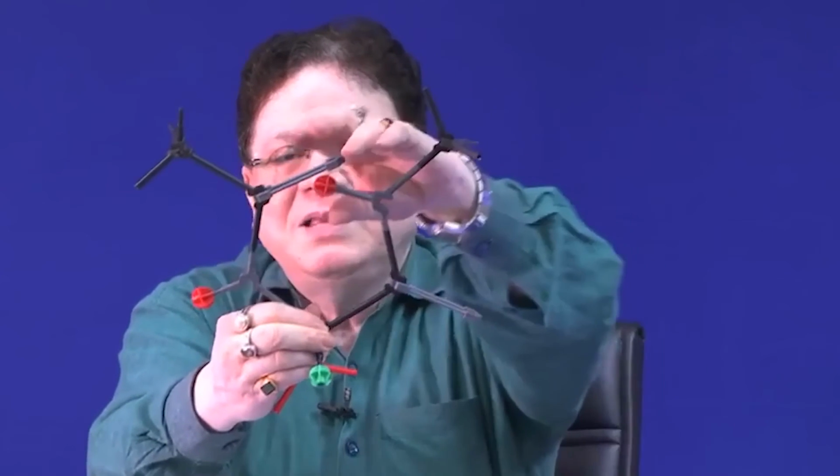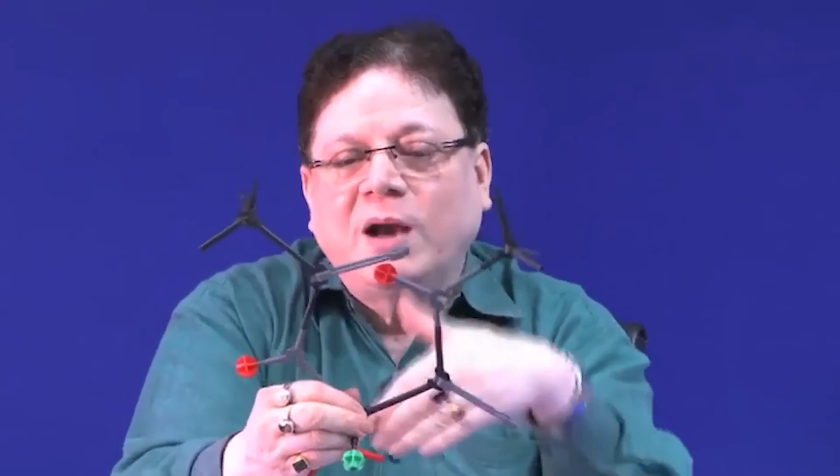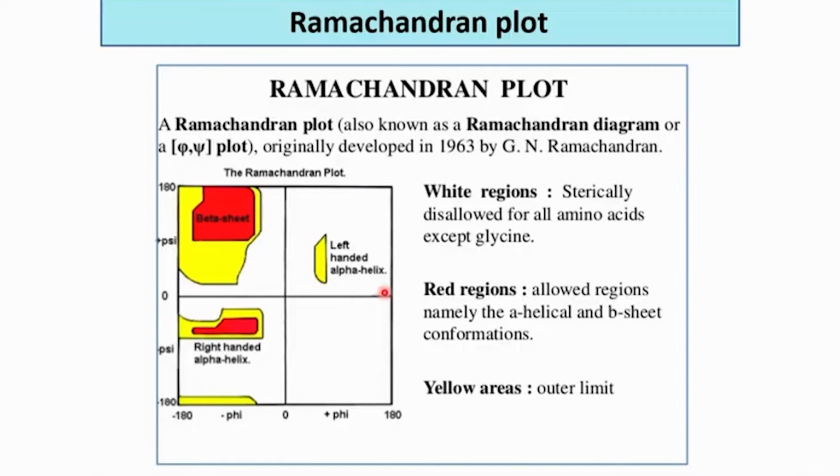Now, there is even more problem. So, I have rotated from 180 to 0, and the other one also from 180 to 0, because Ramachandran said that the extended form has a 180-degree angle. So, when I rotate by 180, I go to 0, and this is also going to 0.